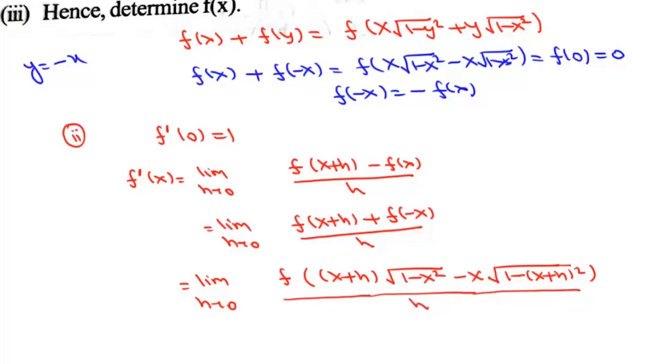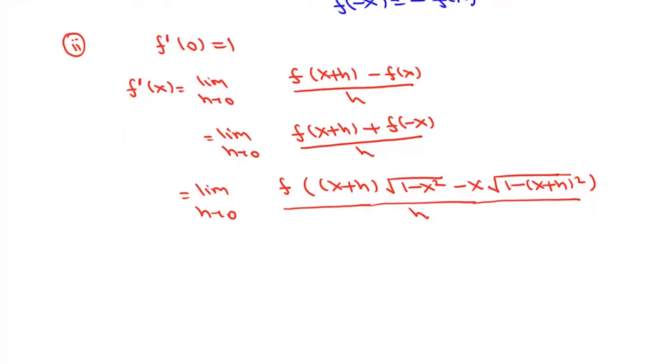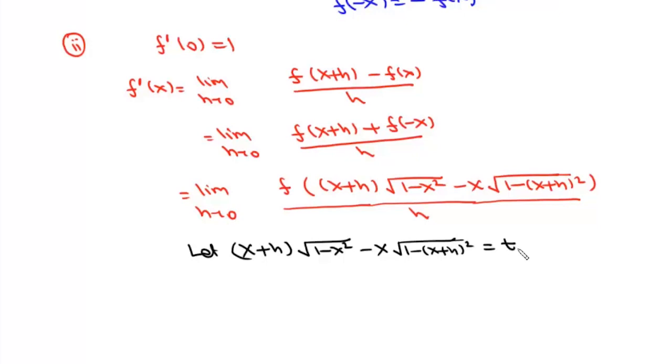Now what we'll do is we'll let x plus h under root of 1 minus x square minus x under root of 1 minus (x plus h) whole square as t. Now as h tends to 0, it will be x into under root 1 minus x square, and here it will be minus x into under root 1 minus x square. So as h tends to 0, t tends to 0.